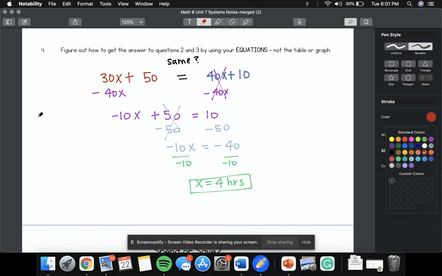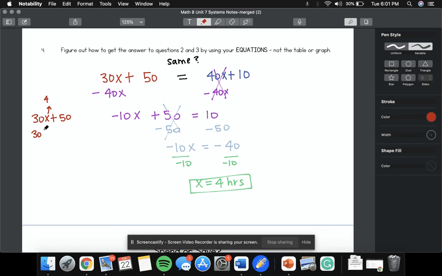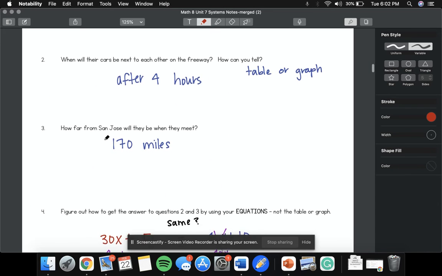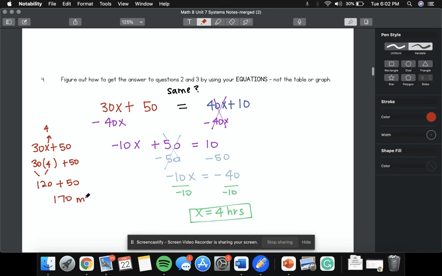Okay. Well, how could we figure out the other part? Let's use the red car. We just figured out that there's 4 hours for our math problem, so I'm going to plug in 4 hours. I'm going to multiply 30 times 4 and get 120. 120 plus 50 is 170, and that matches how many miles we're at.